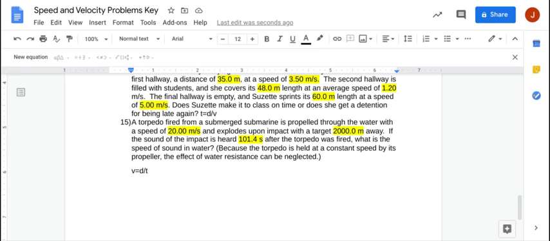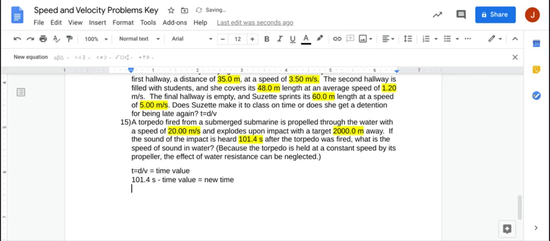So the first thing we need to do is find the time. So T equals D over V. So you're going to use your 2,000 meters divided by 20 meters per second, and that's going to give you a time value. Now, what you need to do is you're going to take the 101.4 seconds minus your time value, and you're going to have a new time.